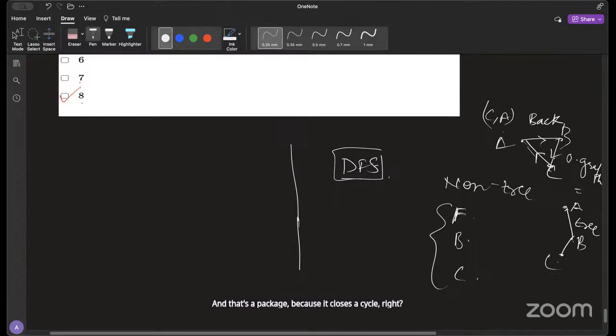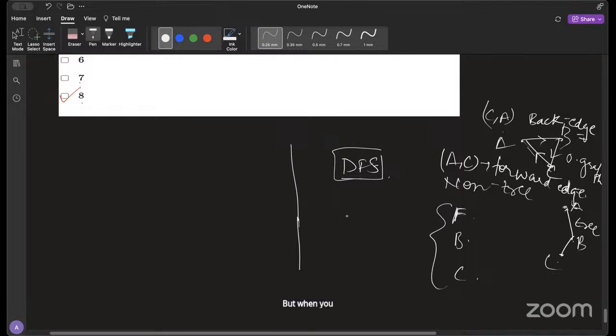It is helping in forming a cycle. That's why this is a back edge. And if you take A to C, that's a forward edge because it's opposing the cycle.